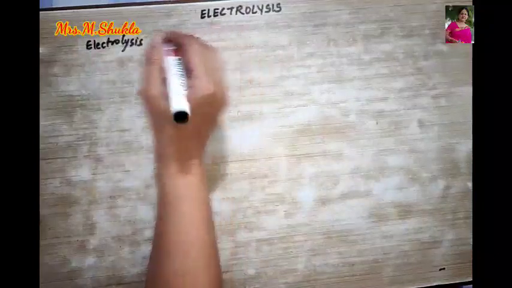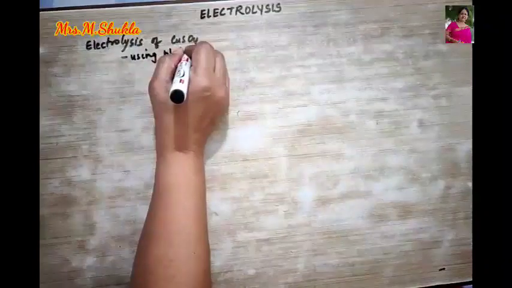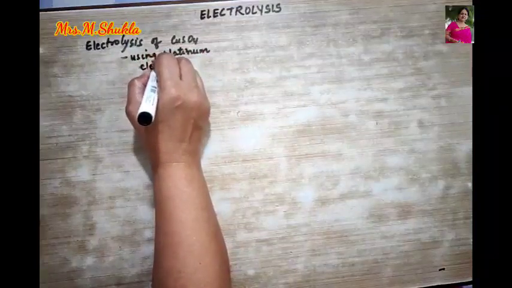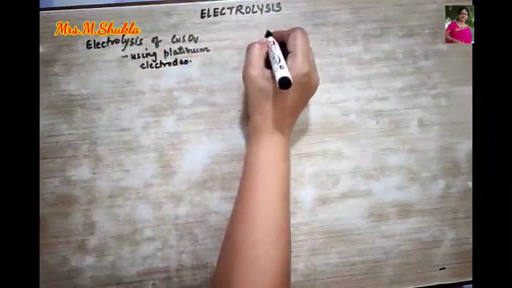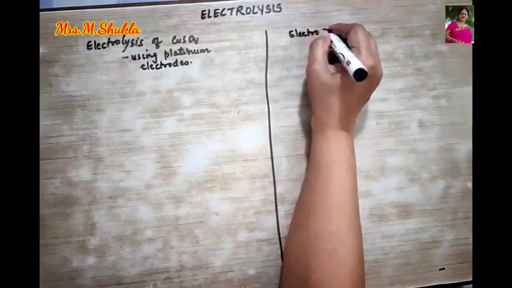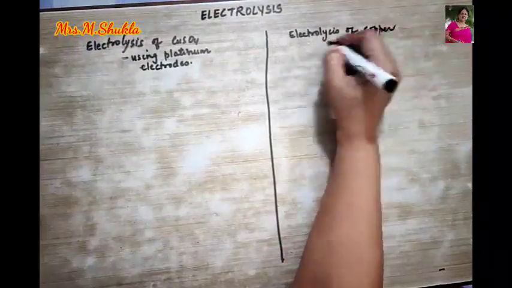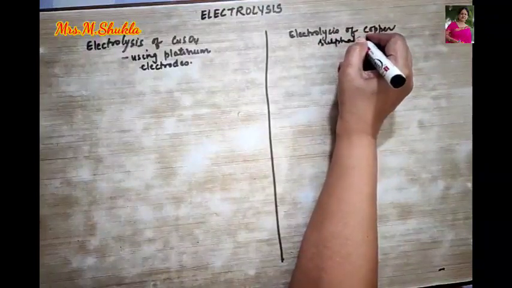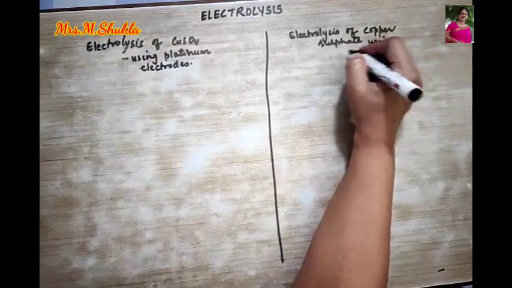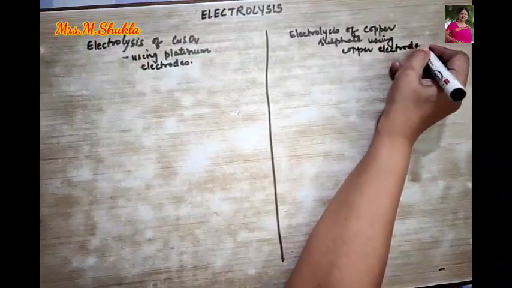Okay, so electrolysis of copper sulfate using platinum electrodes, and on the other side we are going to study electrolysis of copper sulfate using copper electrodes.